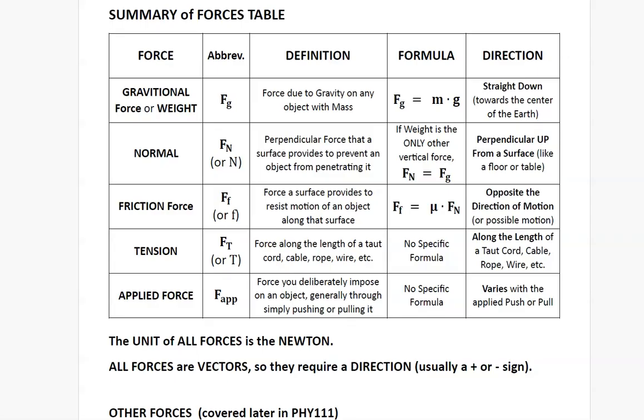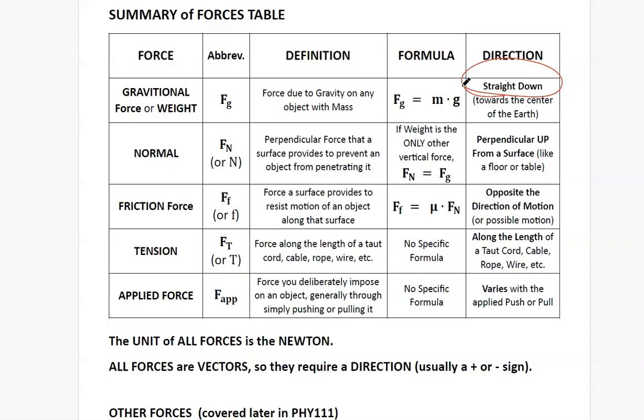The formula for weight near the Earth's surface is F sub g equals the mass times little g. You already know little g, 9.8 meters per second squared. We're going to use the positive version for that and then assign a negative sign when we look at the direction of the force. The direction of weight force is always straight down, towards the center of the Earth.